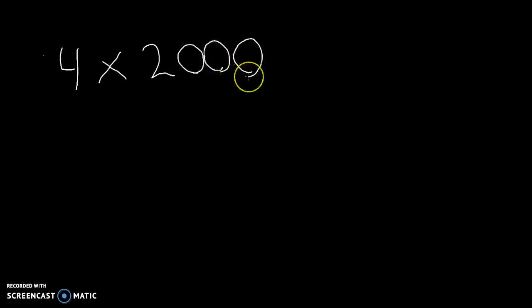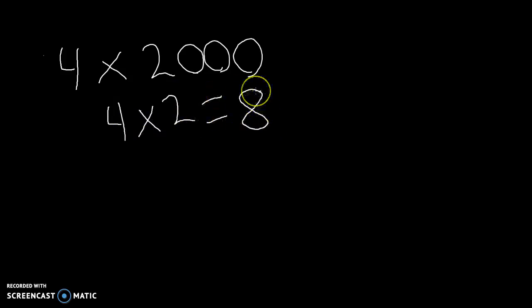Now let's look at another example. Let's look at 4 times 2000. It looks like a very big, very complicated number, but in reality it's just the same as all the other numbers. First you're going to want to do 4 times 2, and that equals 8.